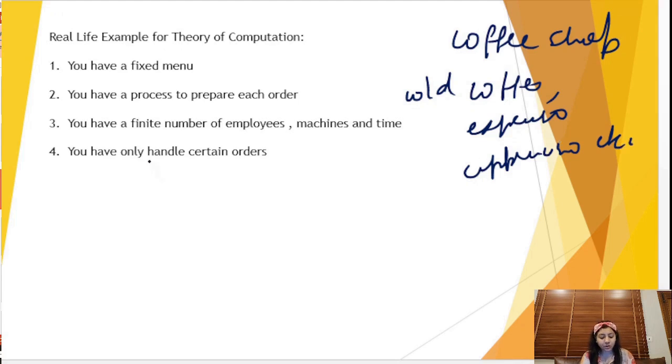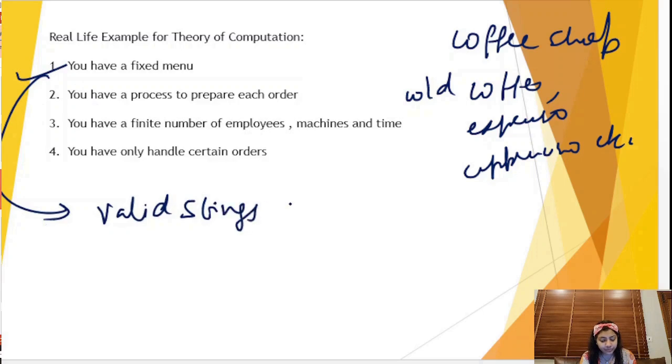Now, there are certain rules in how the system works. The first is that you have a fixed menu. This can be treated as a set of valid strings in a language. So when we say that we have a fixed menu in a coffee shop, in terms of TOC, this can be treated like there are certain valid strings in our language, right?